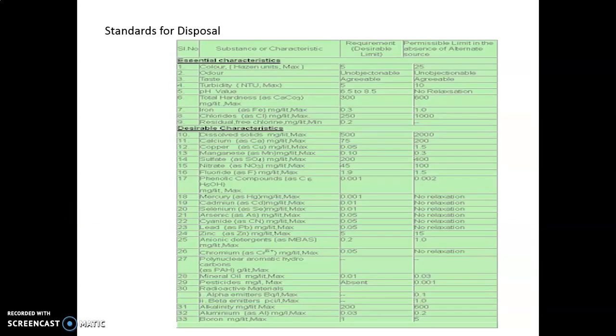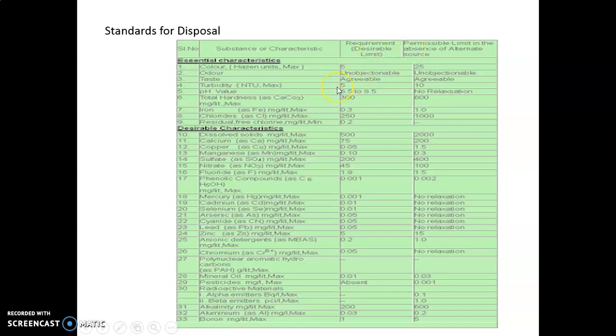So first we will discuss the standards for disposal. There are 33 characteristics. Of those 33, 9 are essential characteristics and the remaining are desirable characteristics. Each characteristic has a requirement and a permissible limit.